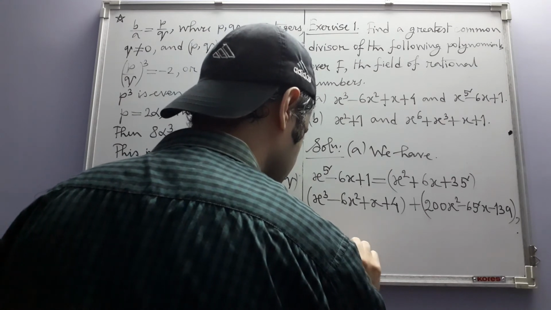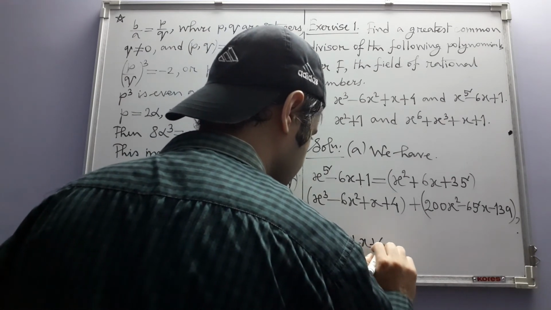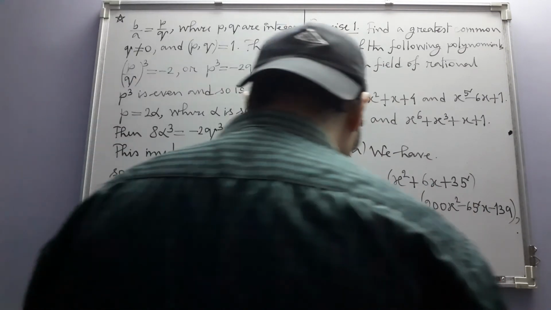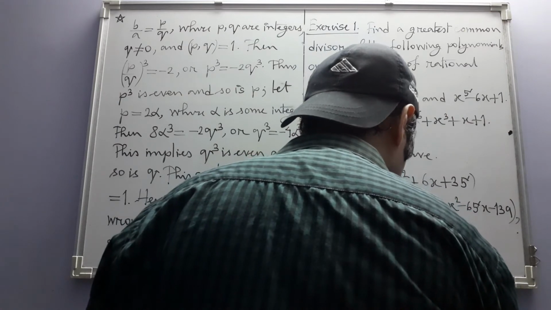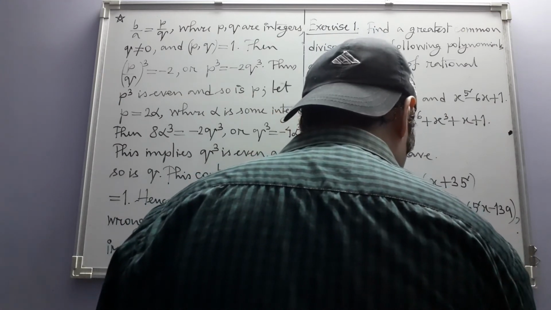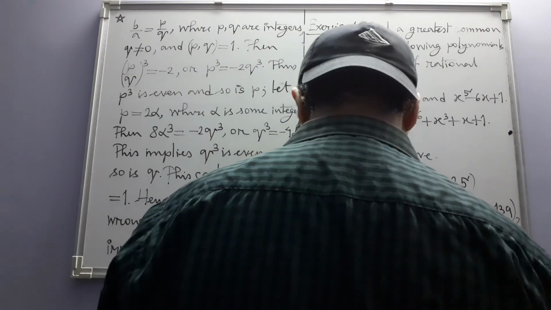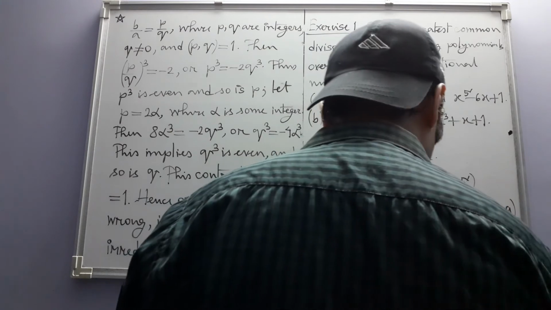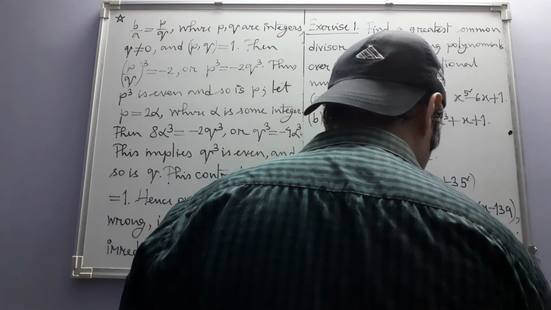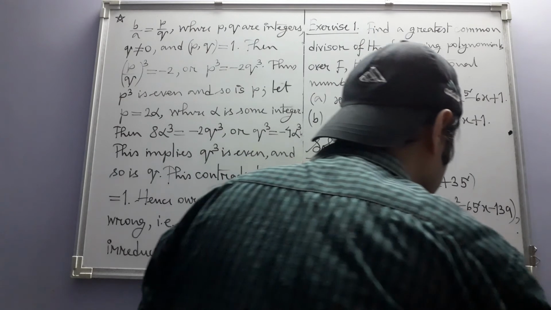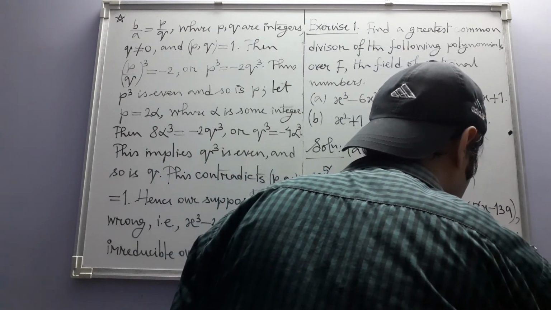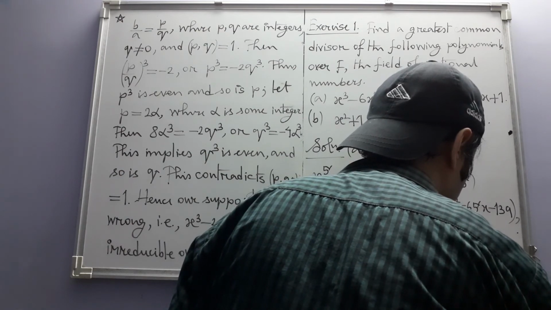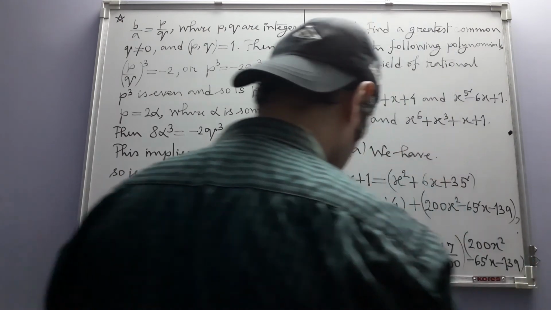x cube minus 6x square plus x plus 4. If we divide it by this one, then we get this as the quotient: x divided by 200 minus 227 divided by 8000 times 200x square minus 65x minus 139.